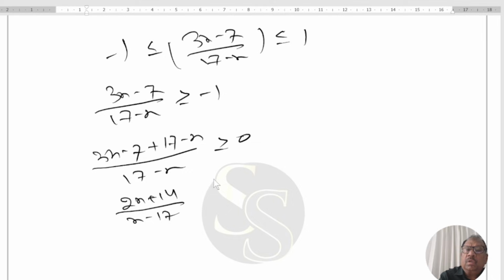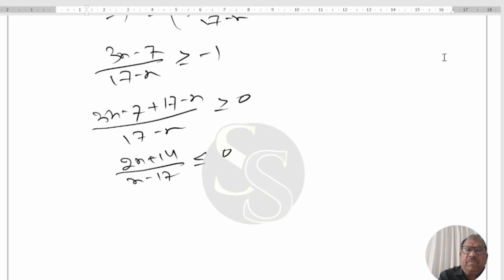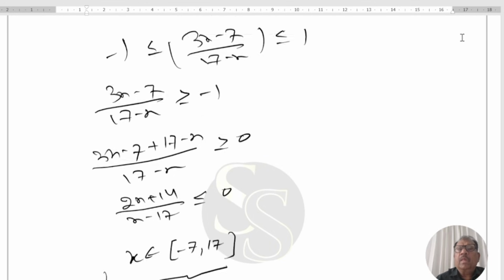Taking x common, the sign changes. In this case, minus 7 and 17, so x belongs to minus 7 and 17. One part is done.